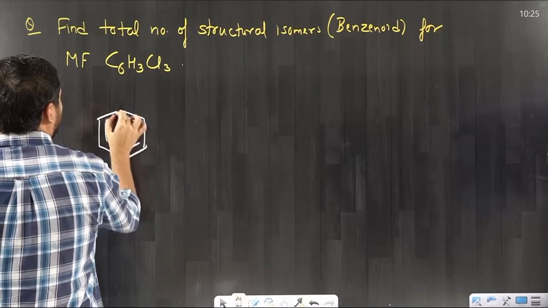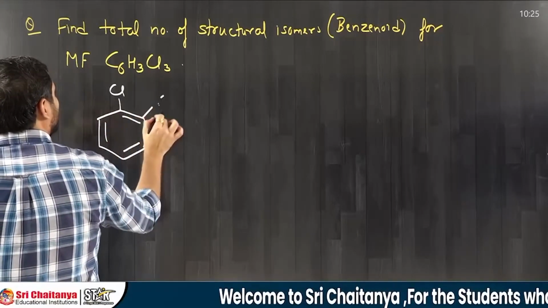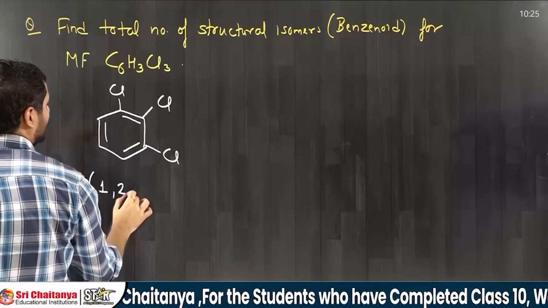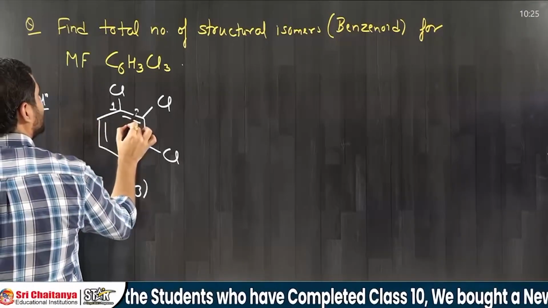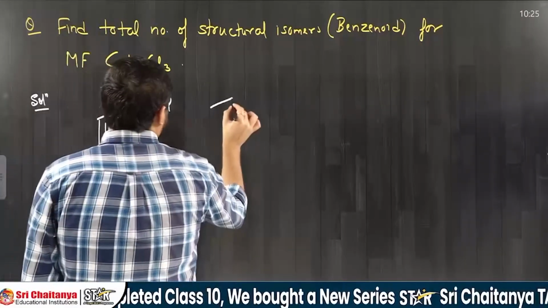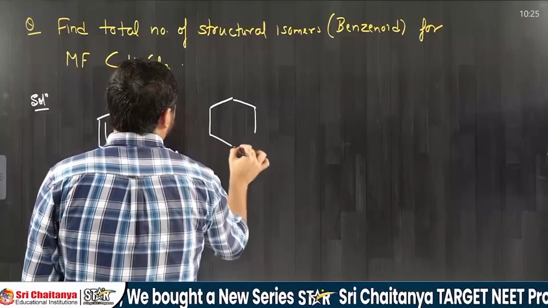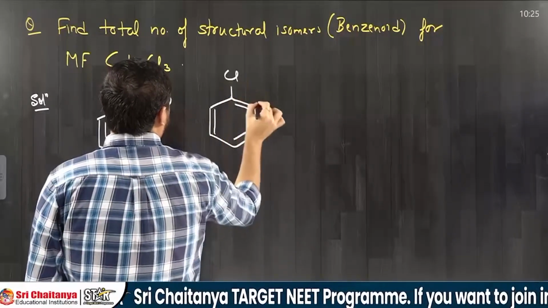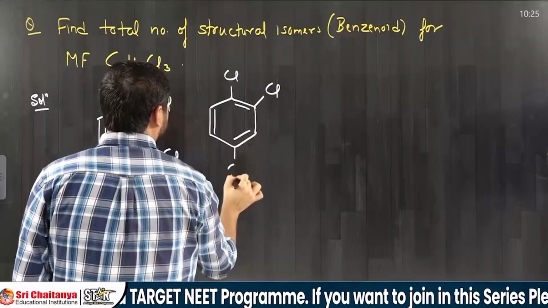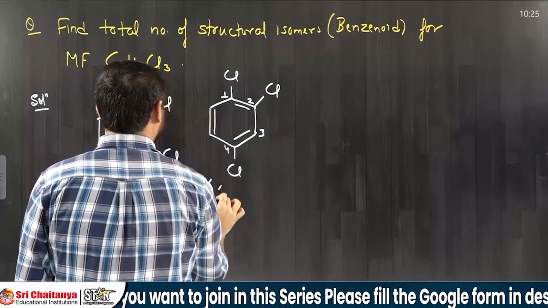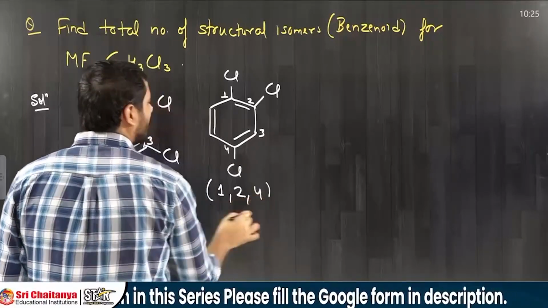If benzene is given, first is 1, 2, 3. Means they are present at which position? First, second and third position. Clear? Next possible case is 1, 2, 4.